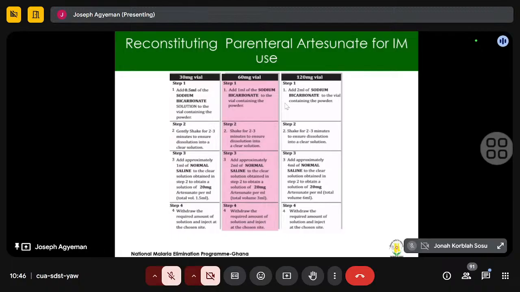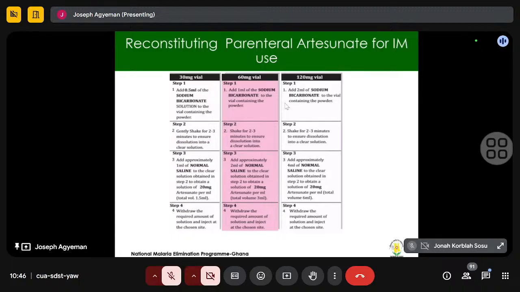All right. So the 0.5 always comes with a pack. The 0.5 mL bicarbonate always comes with a pack. Once it is the 30 milligram vial you are dealing with, you are always provided with 0.5 mL of bicarbonate. And we said artesunate or artesunic acid is insoluble in polar solvents like normal saline.